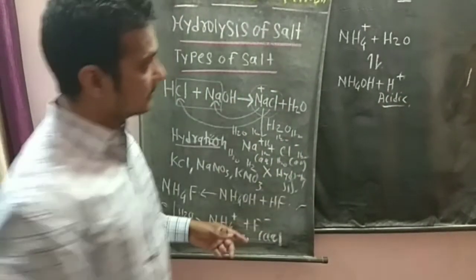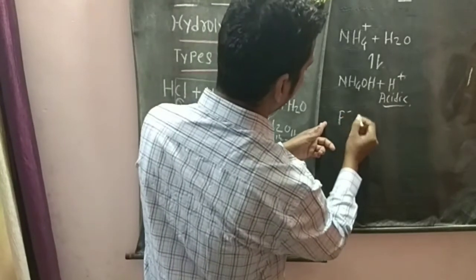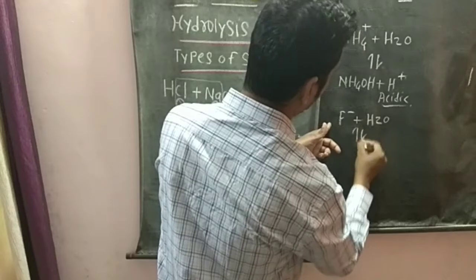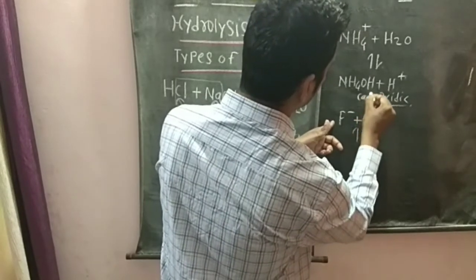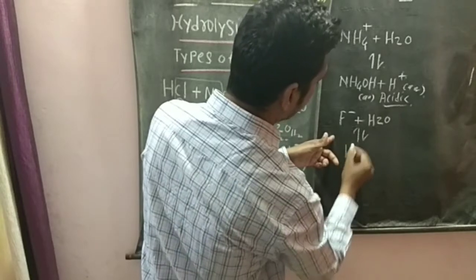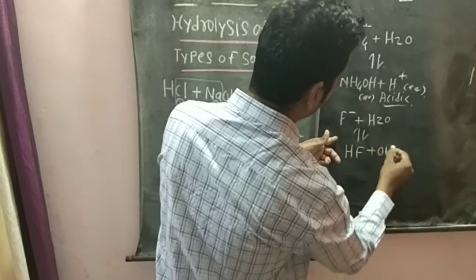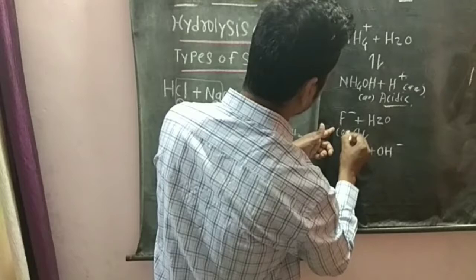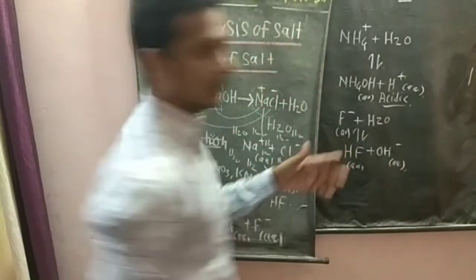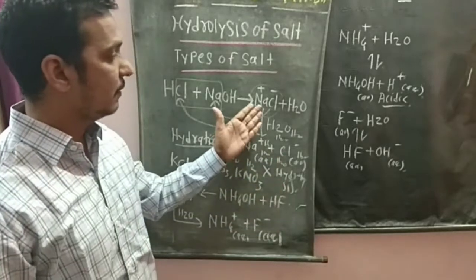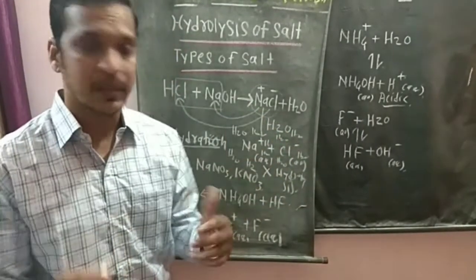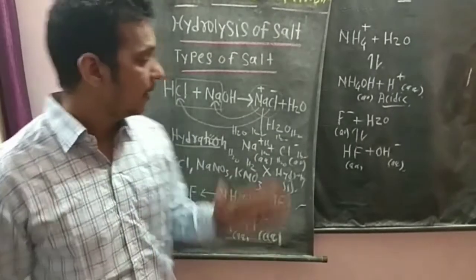And similarly F minus further reacts with water, reversibly, aqueous, again to form HF, a weak acid, plus OH minus, again aqueous. So this is the difference between one salt and another salt, between sodium chloride salt and ammonium fluoride salt.